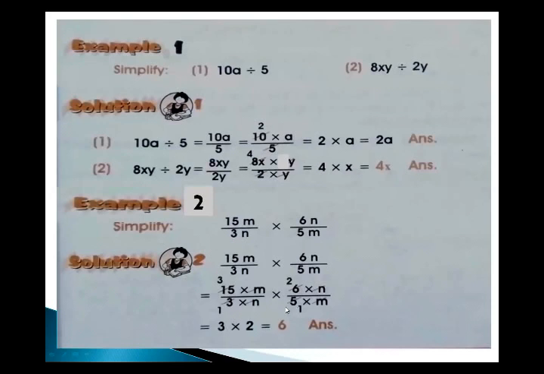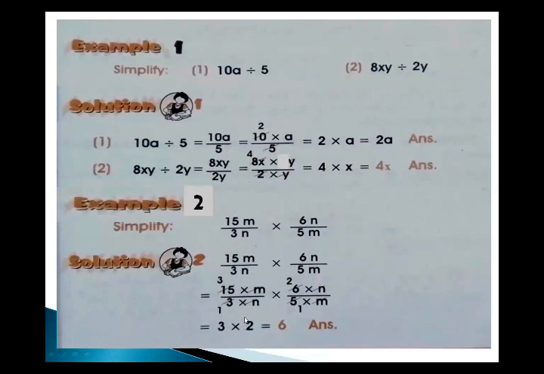Then the multiplication sign. Similarly over here there is just a 1 in the denominator and the other term is cancelled out. That's why we don't write 1 in the denominator right over here. We just write 2 in the numerator. And here the division operation is completed, but the multiplication operation is left. Then we just multiply both the numbers and we have the simplified answer of this question.